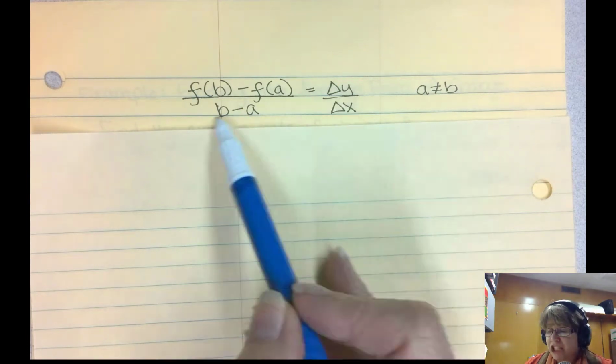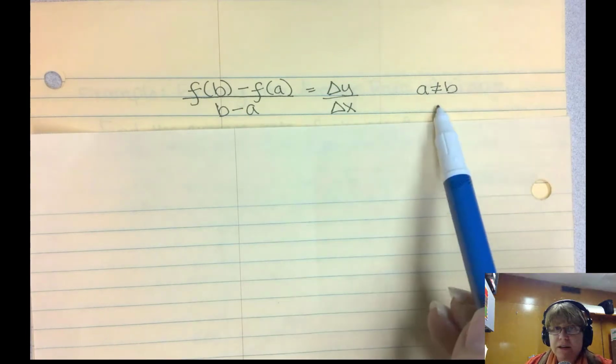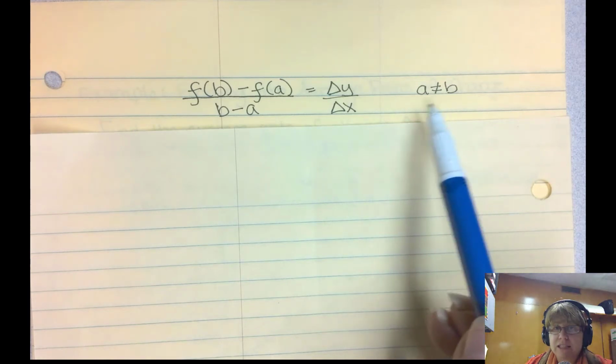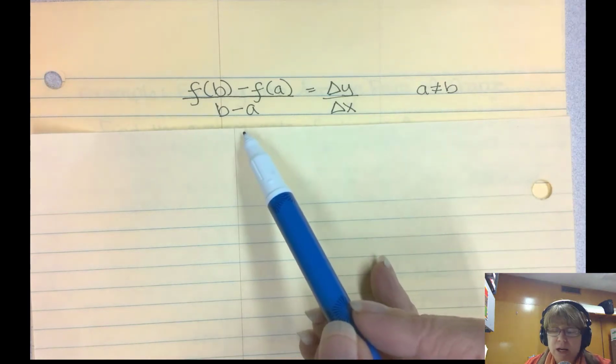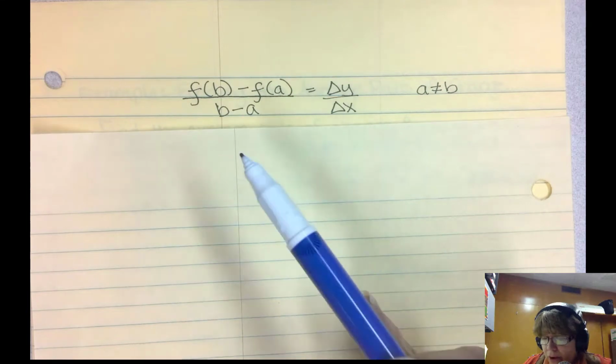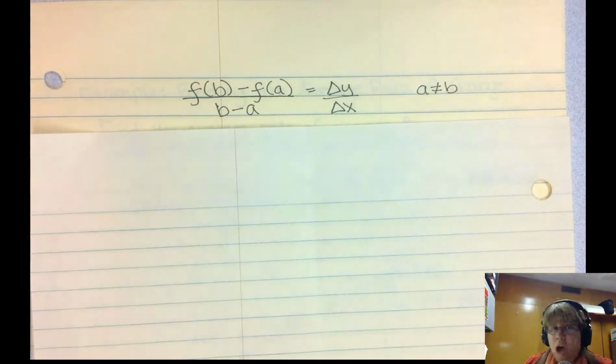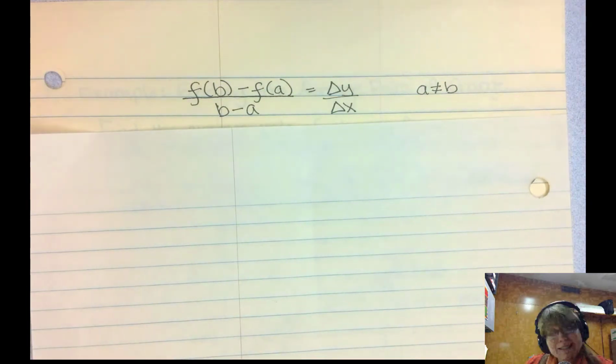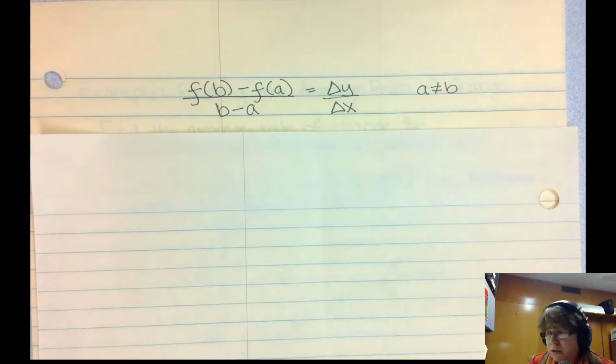So b minus a is not 0. And although this formula looks very complex, it is not, and you have seen it before. It's just written differently. This is in function notation, and let me write it in another way to see if it's familiar to you.